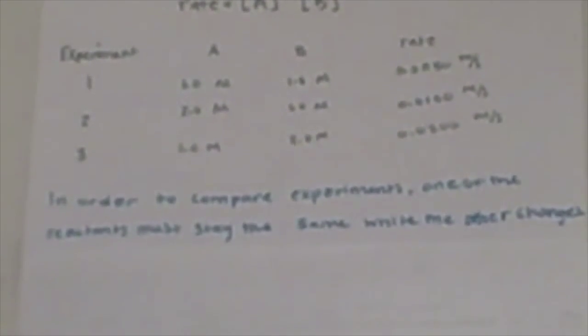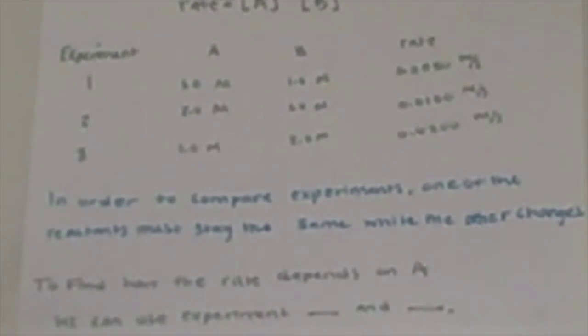So here's an example of how you will calculate what the m and n exponents are. We're going to start by looking at 3 different experiments, and by comparing the experiments, we can find what these exponents are. In order to compare experiments, one of the reactants has to stay the same while the other one changes.